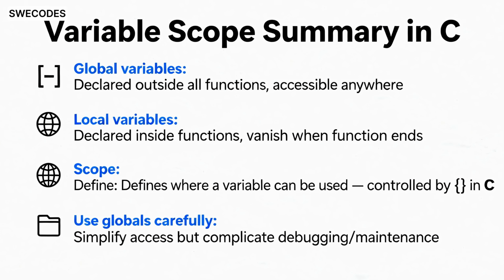Let's summarize what we've learned. Global variables are declared outside all functions and can be accessed anywhere. Local variables are declared inside functions and vanish when the function ends. The scope of a variable defines where it can be used, controlled by curly braces in C. Use global variables carefully. They simplify access but can complicate debugging and maintenance.